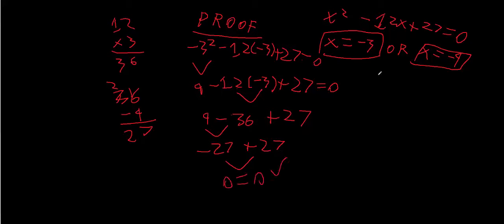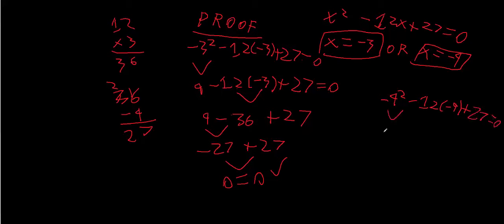So that checks out. And if we plug in the other one, so let's do -9 squared minus 12 times -9 plus 27 equals 0. Let's try doing that.